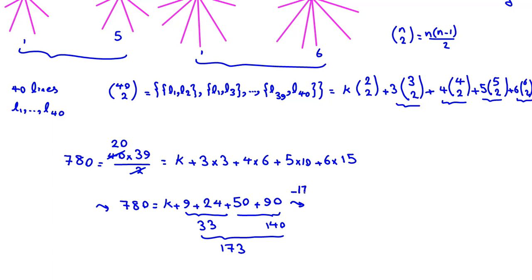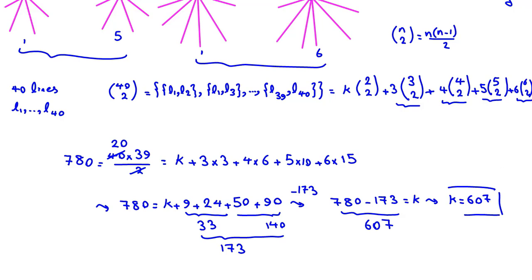And then if we subtract 173 from both sides, 780 minus 173 equals k. And if we calculate, 10 minus 3, 7. 7 minus 7, 0. 7 minus 1, 6. Okay, so k, the answer, equals 607.